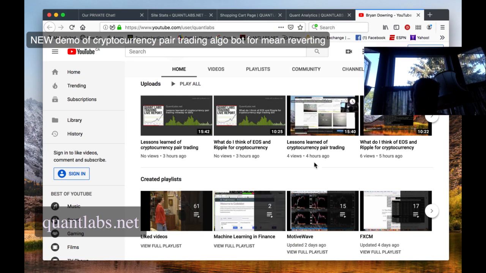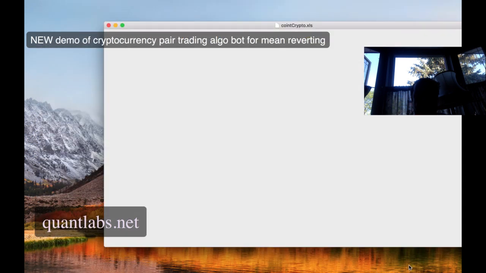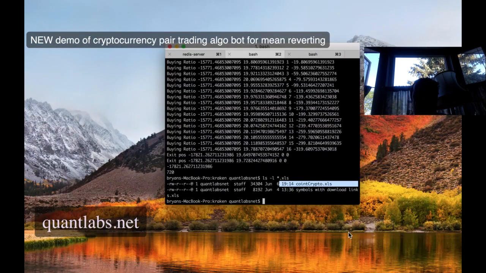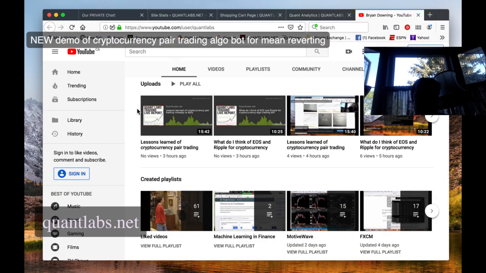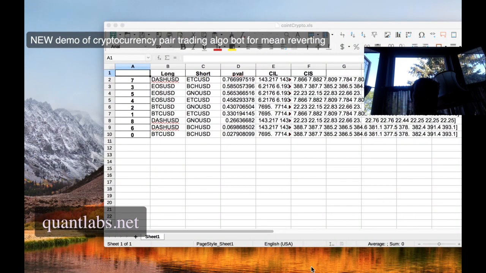Wow, this is very slow. Usually this Redis takes up so much. Wow. Got nothing running on here that's going to eat up the memory.